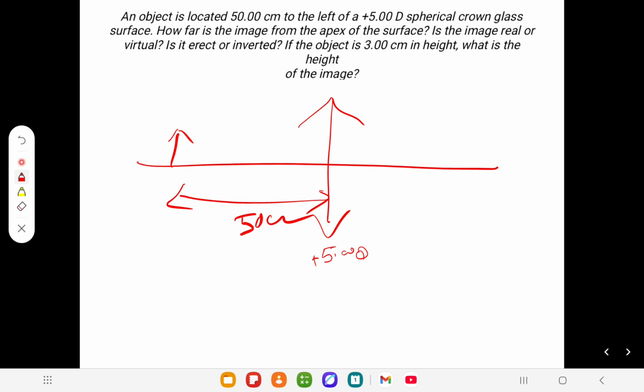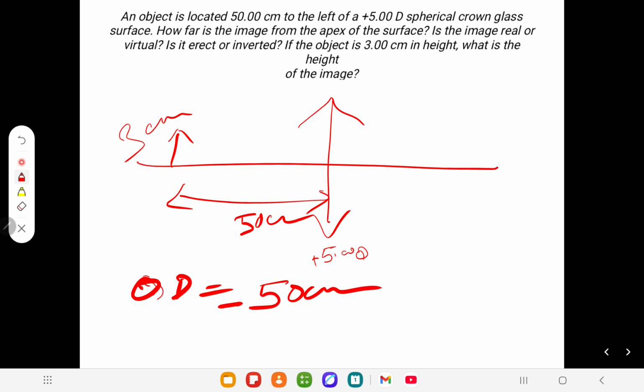If the object is 3 centimeter, then we know the object height is 3 centimeter, and we need the image height. It's very simple. First we have to calculate the object vergence. We know the object distance is 50 centimeter. Do you know the object distance is negative?